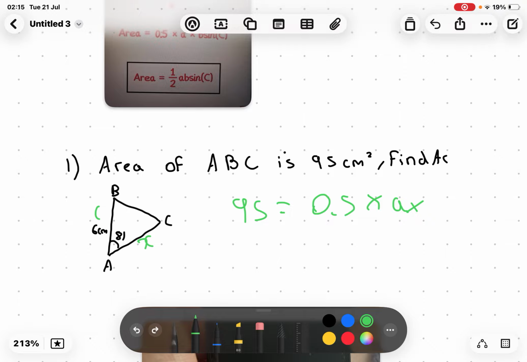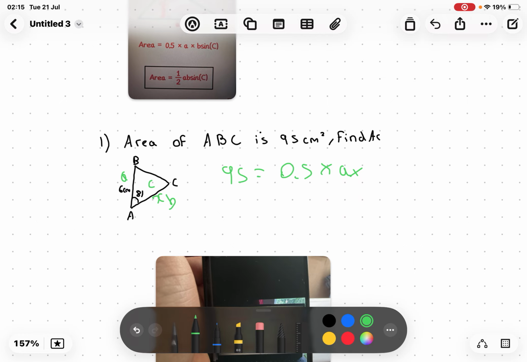So we can just put this as A, this as B, this as C. So let's go. 95 equals 0.5 times 6 times x times sine 81.